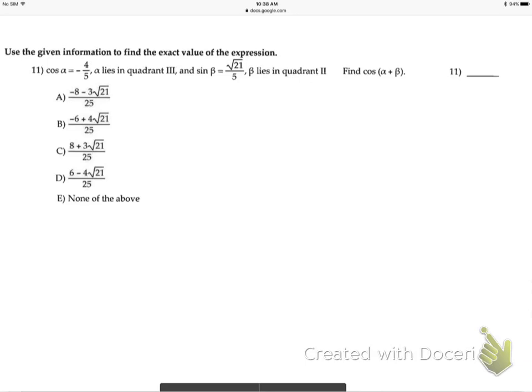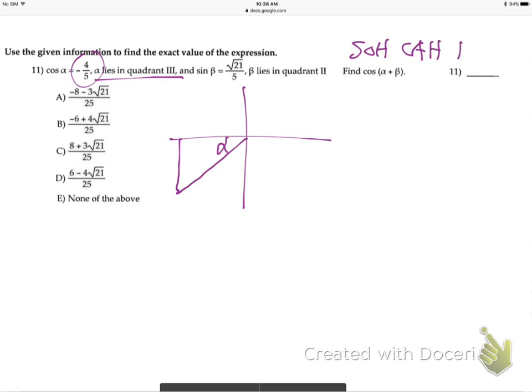Okay, so let's give it a try. Quadrant 3. So I'll go to quadrant 3 over here. Put the angle, alpha, or you can just call it theta, whatever you want. The cosine is 4/5. Remember SOHCAHTOA. Cosine is adjacent over hypotenuse, right? So it's 4/5.